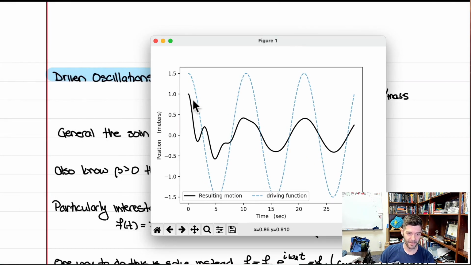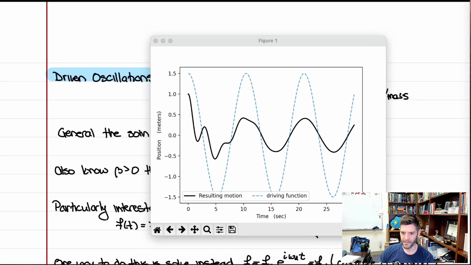Notice what's happening. Instead of the black line having all those little oscillations on top, friction is damping away those oscillations, and you're seeing some of it still here. This is an underdamped system. And once those go away, notice the solution just essentially follows the driving function.